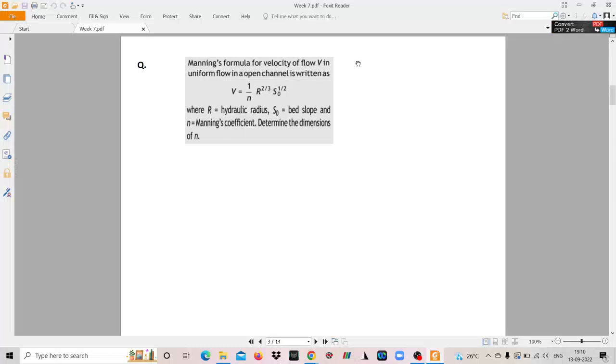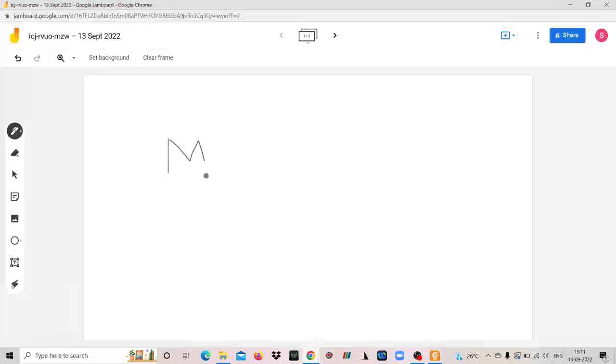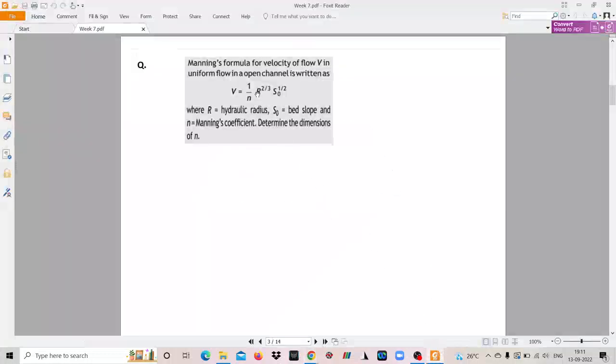And what are the dimensions of a slope? The dimensions are M^0 L^0 T^0, meaning slope is basically a number. It is a ratio, so it has no unit or dimensions. Now you have to find the dimensions for n, the Manning's roughness coefficient. Please try this problem and tell me the answer.